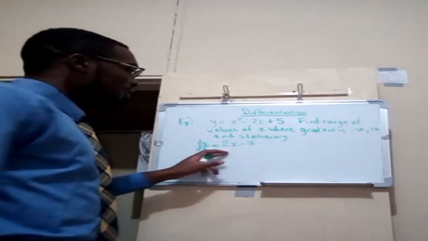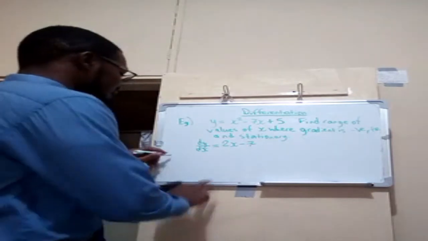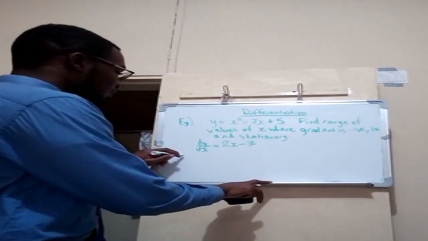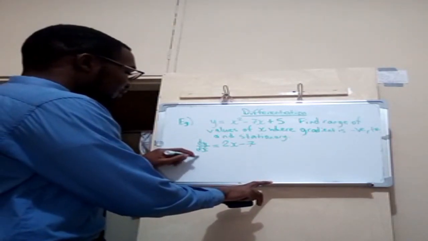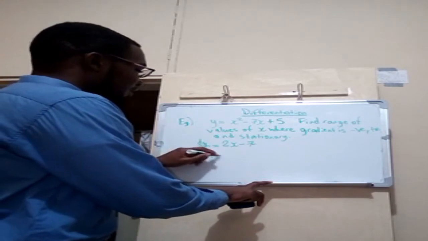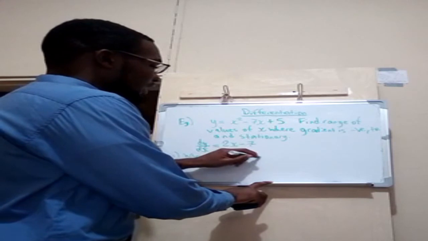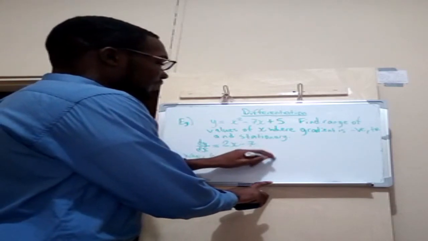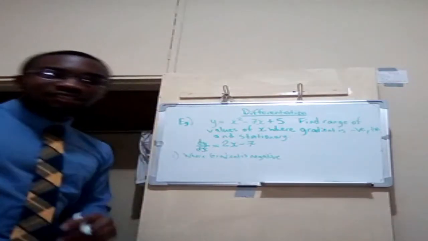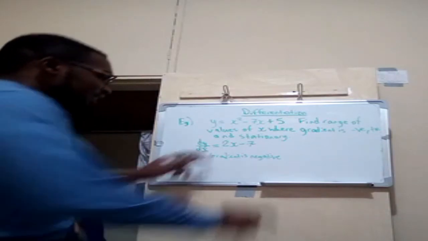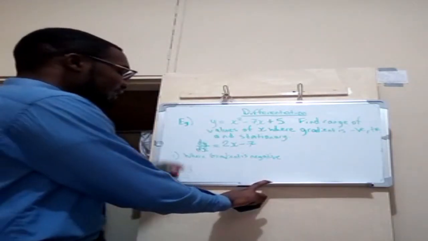Now we want when the gradient is negative. The gradient is negative when dy by dx is less than 0.